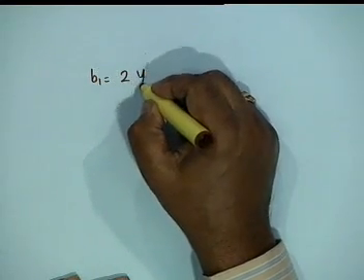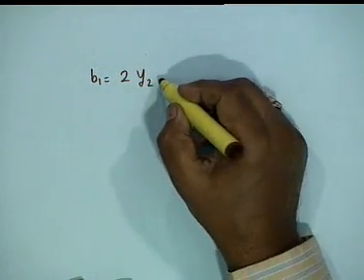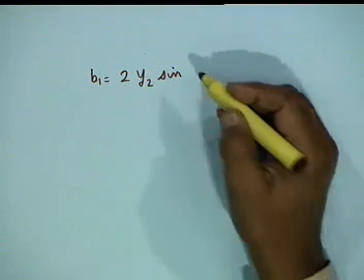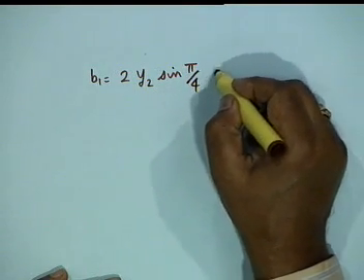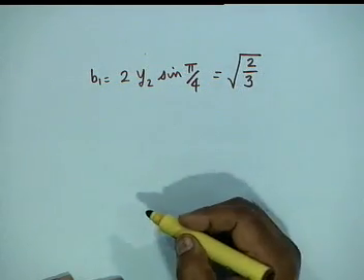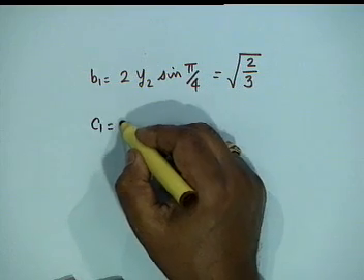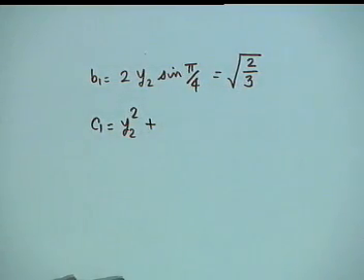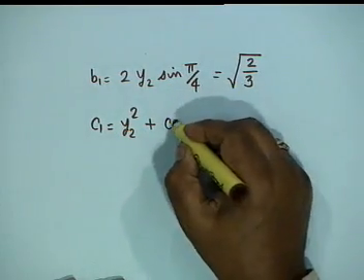Lucky? And therefore b1, which is twice y2 times sine of, yes, there is only one factor, so pi by 4, comes out as square root of 2 by 3. c1 is y2 squared plus cosine squared pi by 4.